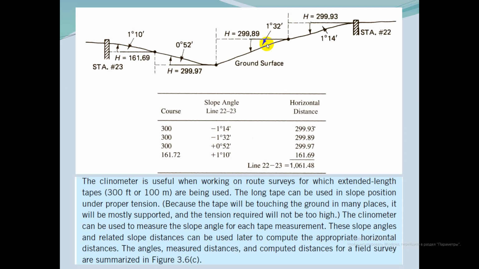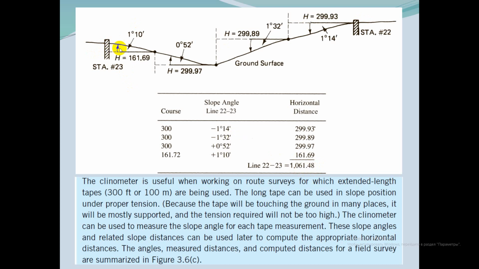The angle, measured distance and computed distances for a field survey are summarized, and you already have found the line from 22 to 23 meter that equals 1061.48.